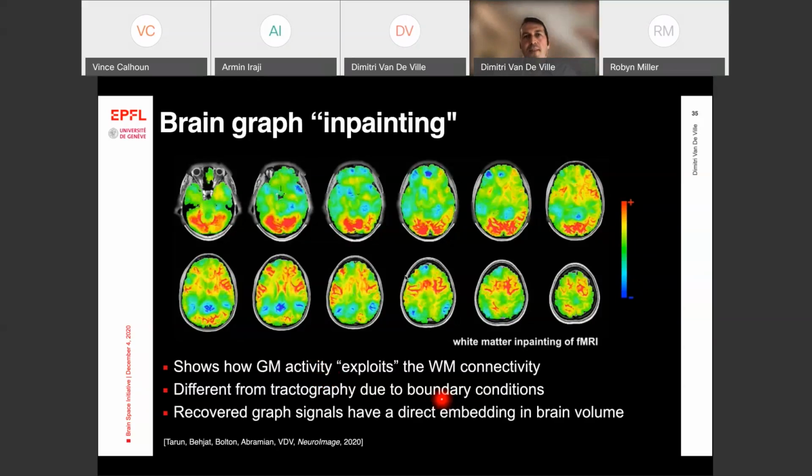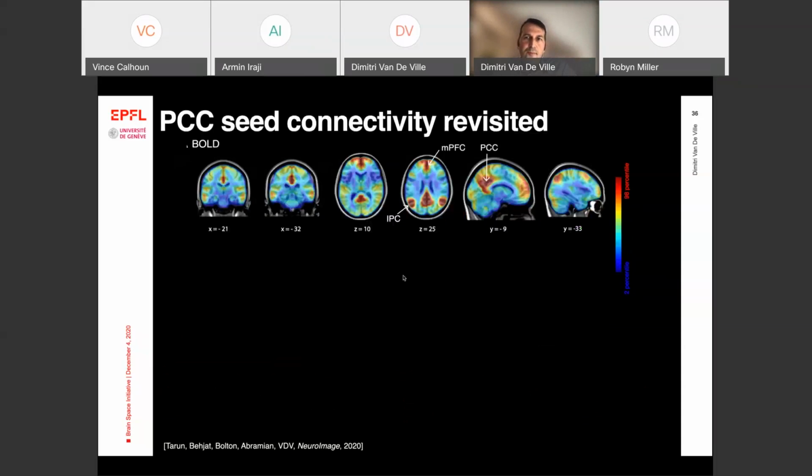So there is a dependency on the complete pattern on the gray matter, and you cannot just break this down and, for instance, start coloring tracts. This would not be equivalent to what we solve. And of course, the recovered graph signals can be directly embedded in the volume, as I already highlighted before.